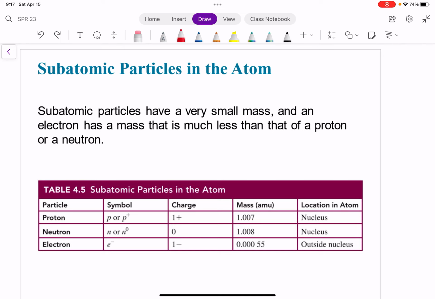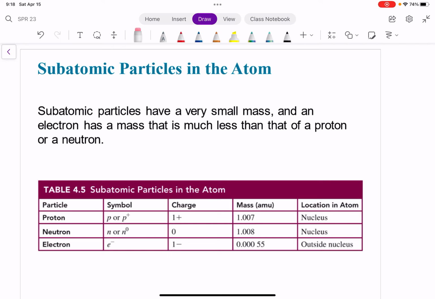If you look here, we have the type of particle and the symbol for the particle. Protons are P or P plus, to show that they have a positive charge. Neutrons are N or N0, the 0 showing that they don't have a charge. And electrons, we always write e minus, to show that they have a negative charge.